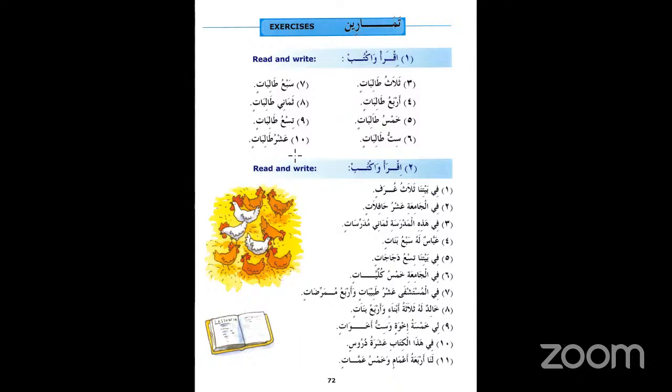All of these numbers do not have the ta marbuta at the end. So all of the numbers now are masculine, and the ma'dud, the thing which has been counted, is feminine. Talibatun is feminine, and that's the reason why the numbers are masculine.